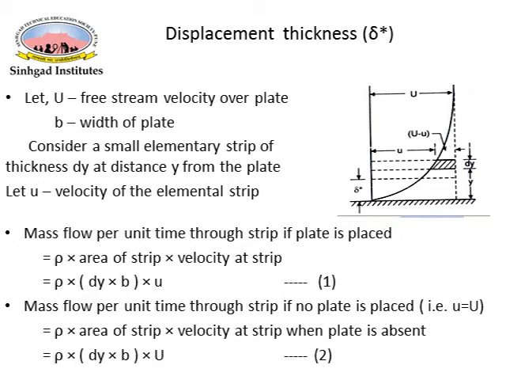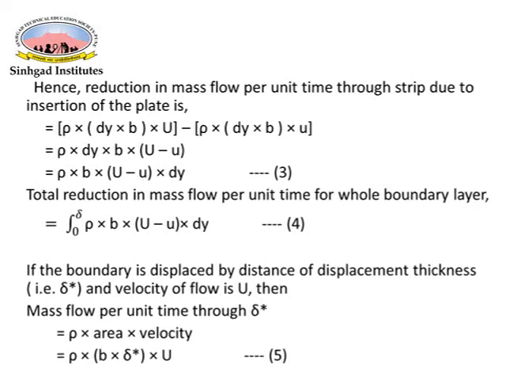Reduction in mass flow per unit time through the strip due to the insertion of the plate is given by rho dy b U minus rho dy b u, which implies rho dy b (U minus u), equal to rho b (U minus u) dy.